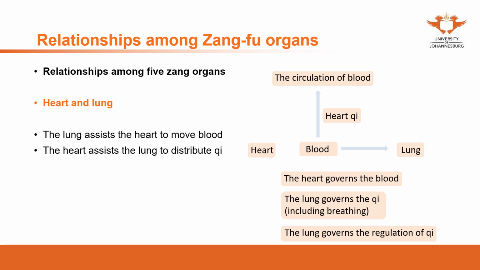The lung assists the heart to move the blood. The heart assists the lung to distribute the qi. So the heart, the circulation of the blood. The heart governs the blood. The blood can nourish the lung.